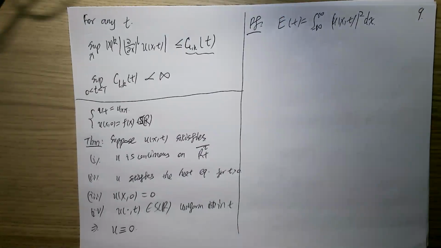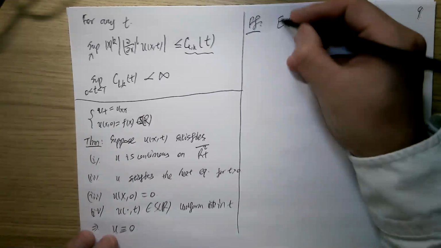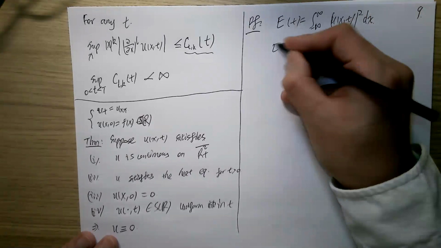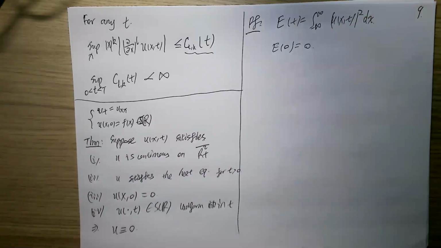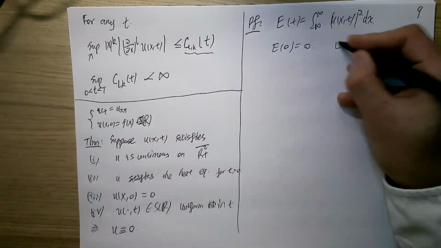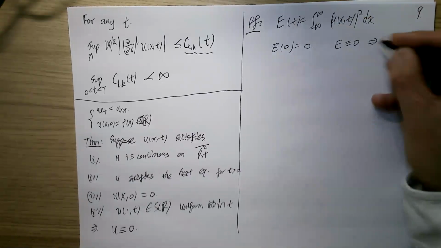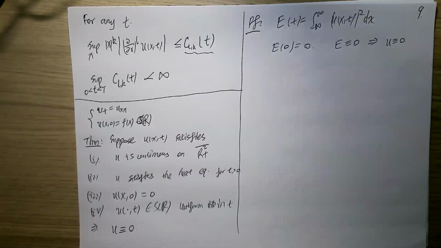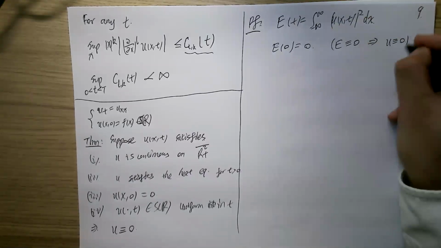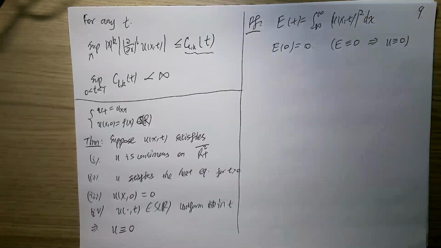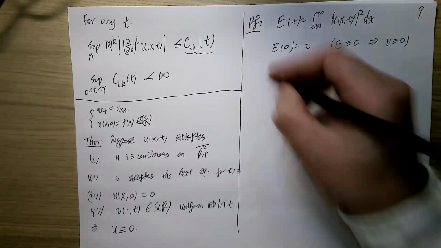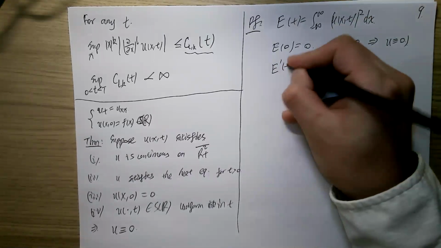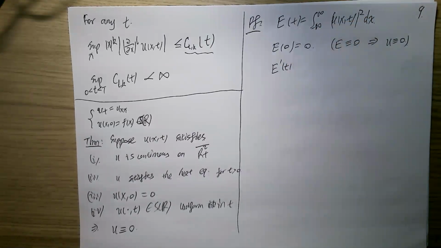Okay, so then we know that E(0) equals 0. If we can show E constantly equals 0, that will imply u constantly equals 0, right? So this is what we want to show. Because this is an energy function, at each time you have a fixed energy.